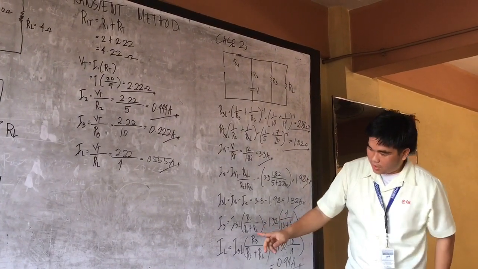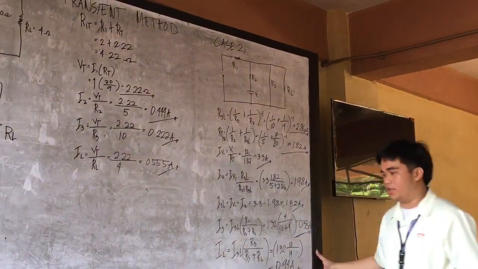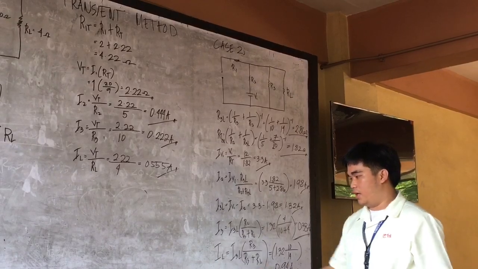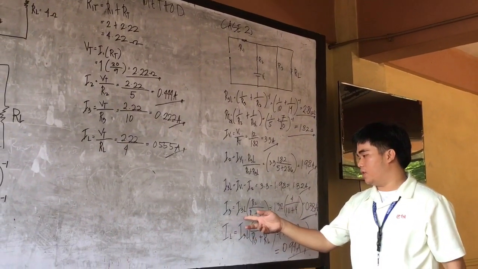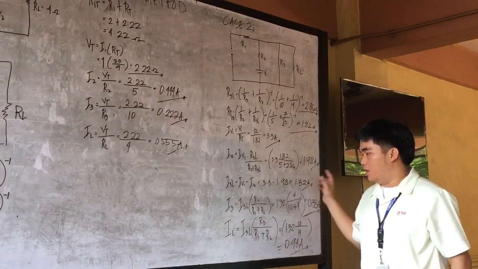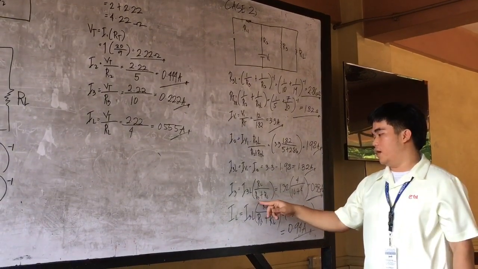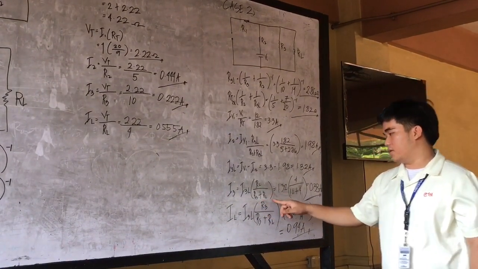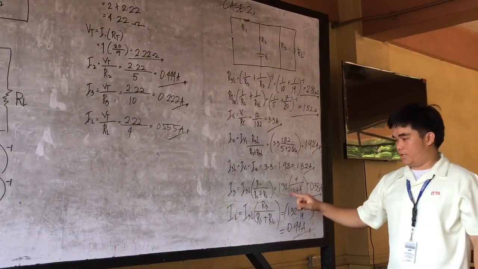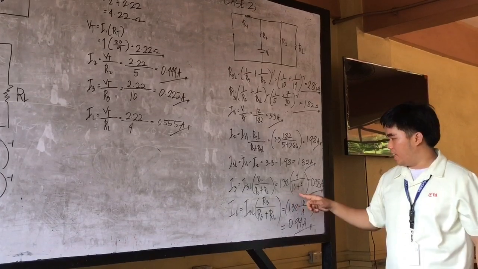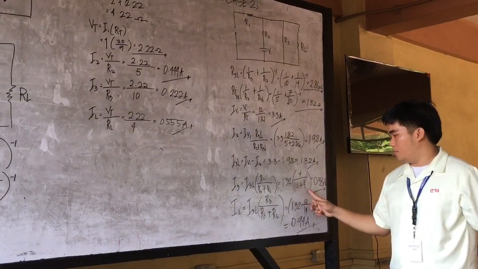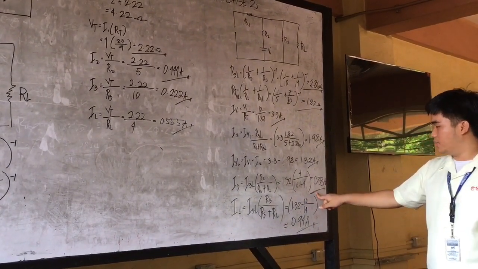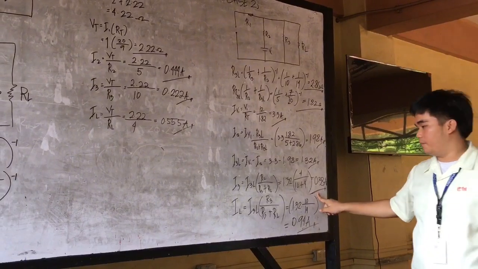Then next we have to calculate the I3. Our formula is I3 load times the load resistance over the R3 plus the load resistance. Then substituting the given, we have 1.32 times 4 over 10 plus 4, then our answer is 0.38 amperes.